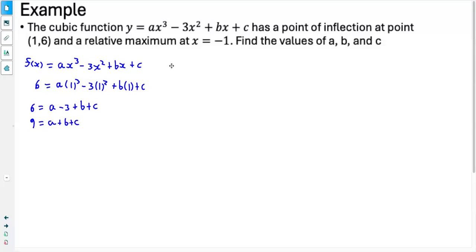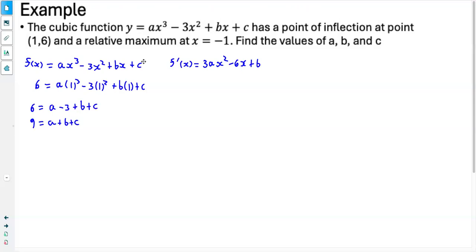Now we're going to look at our first derivative. So our first derivative of our function is going to be 3a x squared minus 6x plus b, and the derivative of the constant term is going to be 0, so our c does not continue on with this one.